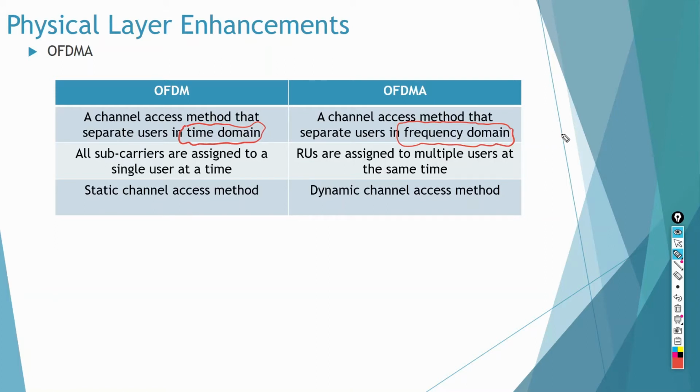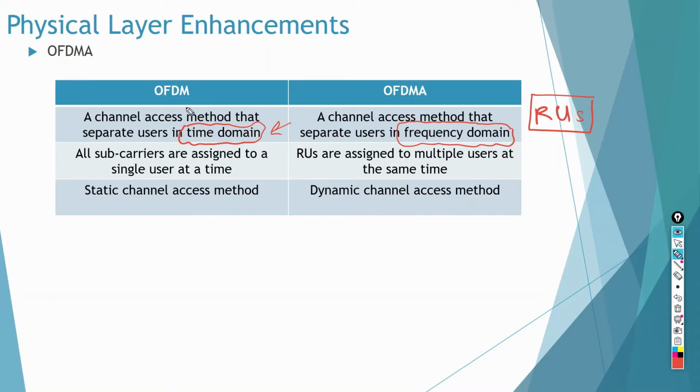Whereas in OFDMA, if you remember, we classified the spectrum into RUs, and instead of giving access tickets to the users in a sequential manner, we assign smaller chunks or RUs to multiple users at the same time, and they can transmit their data.